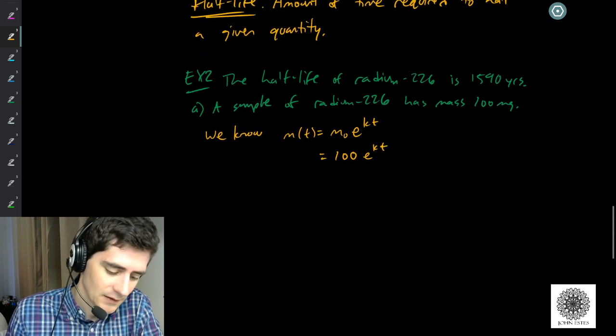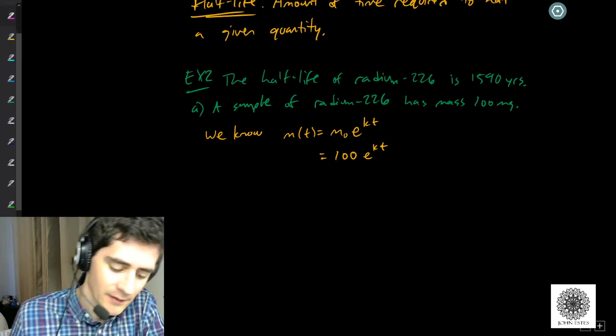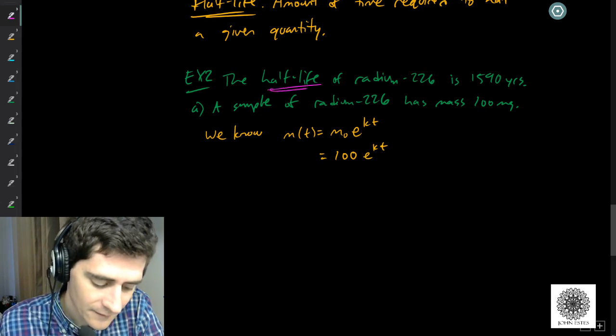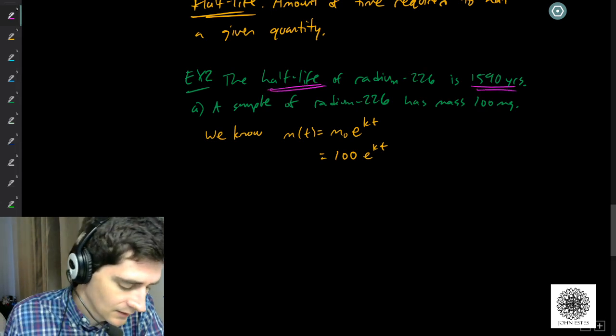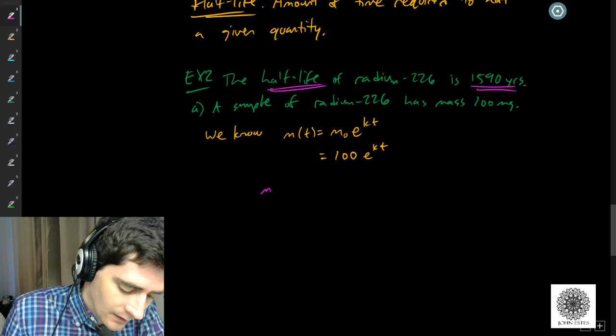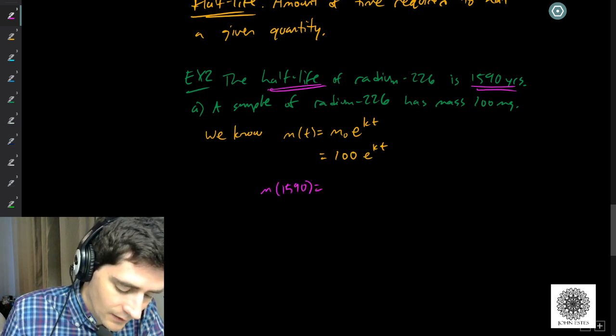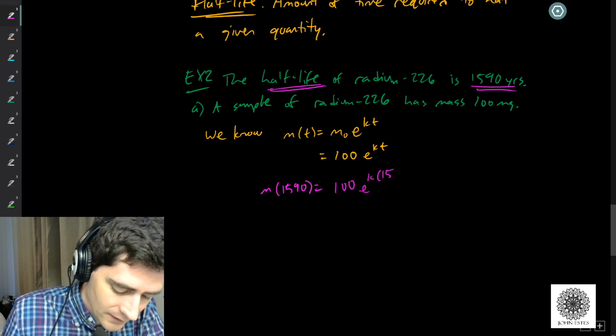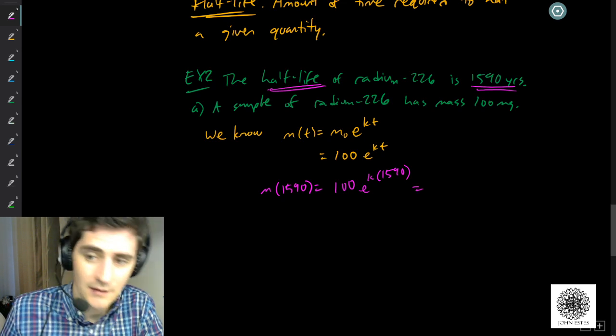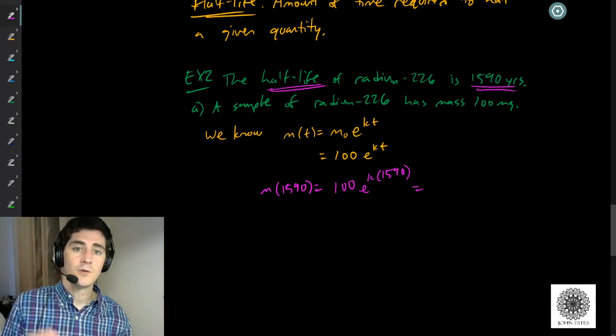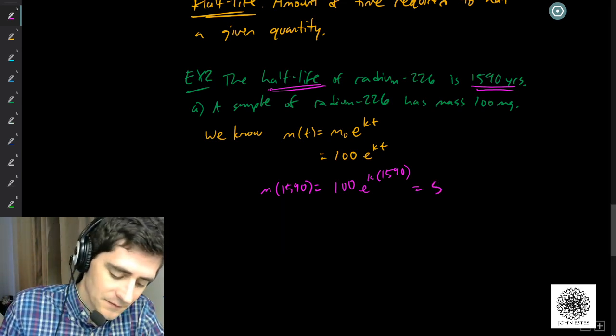But notice that's where the half-life comes into play. The half-life allows me to say that if I plug in 1,590 years, 100 e to the k times 1,590, I'm going to get exactly half of what I started with. I'll have 50.